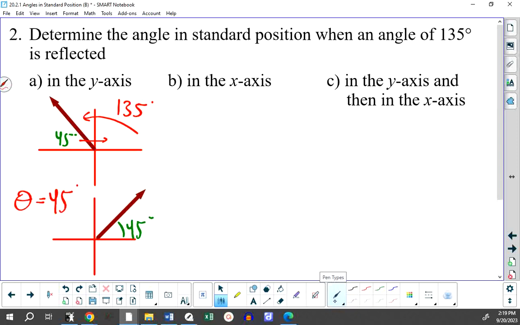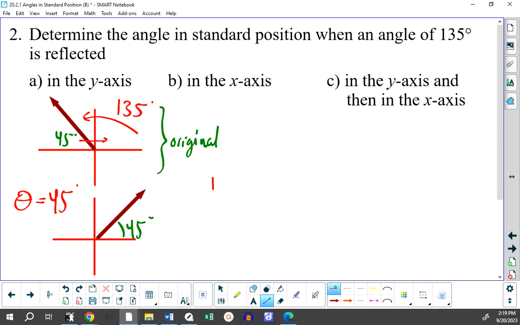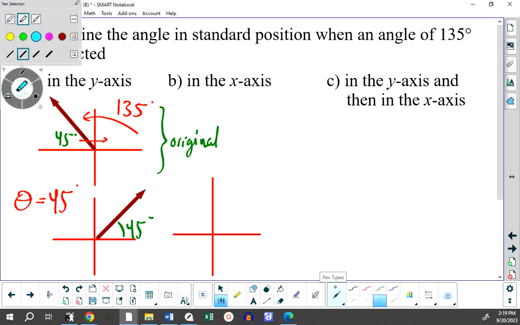In the x-axis, if I reflect this original one, and I reflect it in the x-axis, which is y equals 0, which is this line, then it will go from quadrant 2 to quadrant 3.